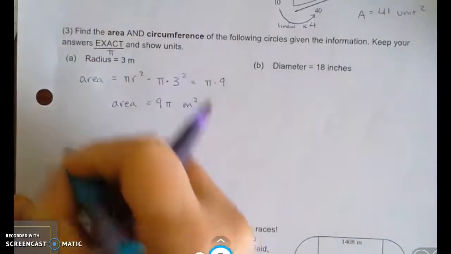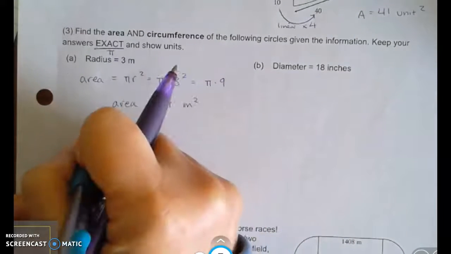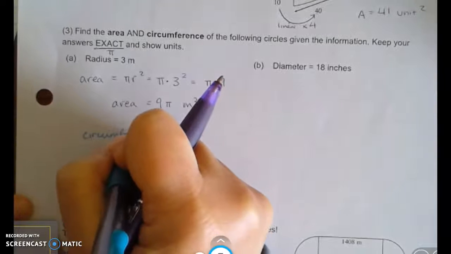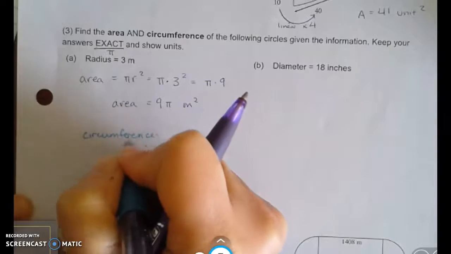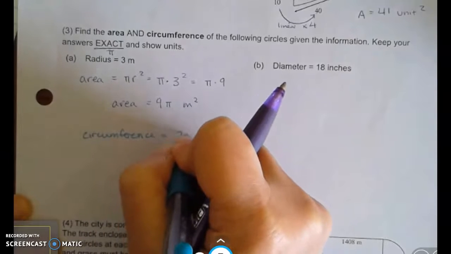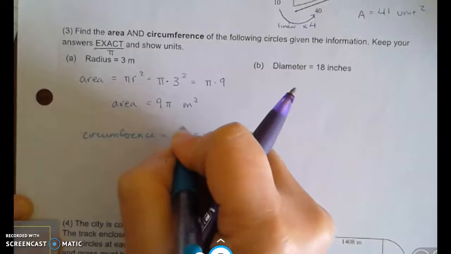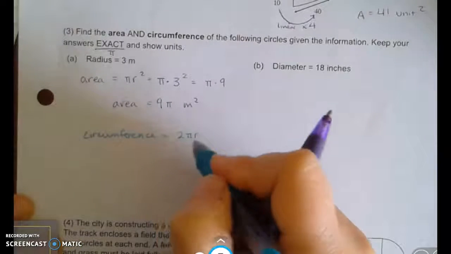What about circumference? Circumference is always 2 times pi times r. I'm using this 2 pi r version, not 2 pi times d, because we're given the radius.